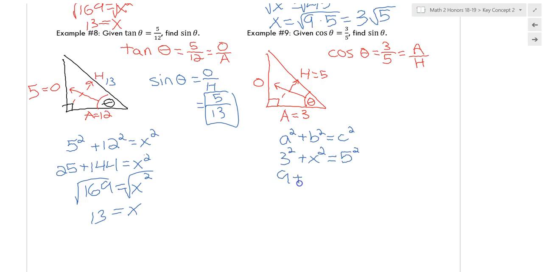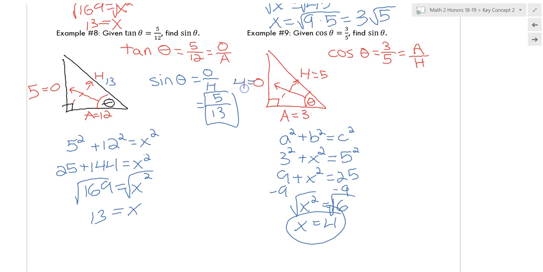Right, so that's 9 plus x squared equals 25. 25 minus 9 is 16. x equals 4. Okay, so for the sine of theta, opposite over hypotenuse, which is 4 over 5.